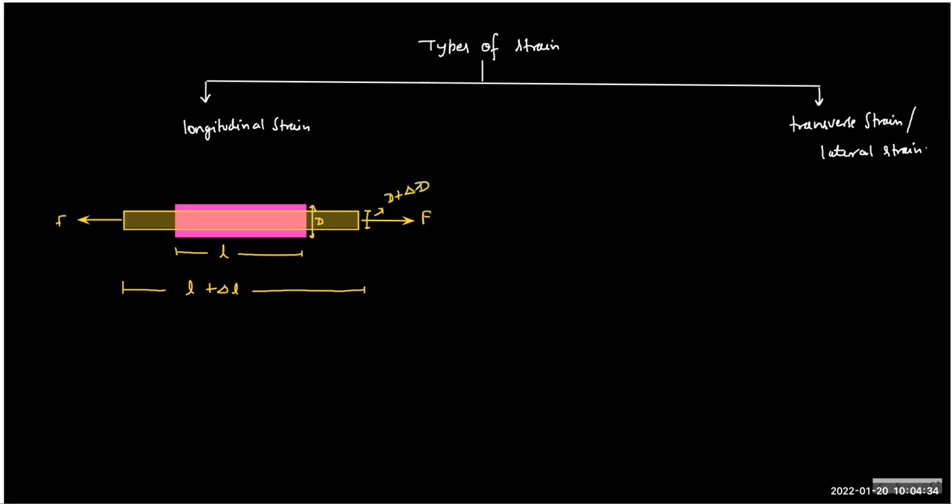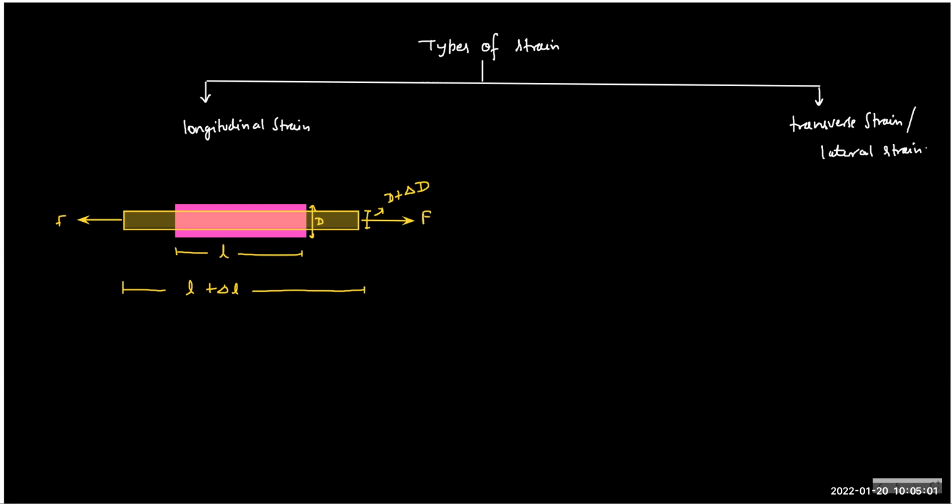So we are adding something negative. It's okay. So the longitudinal strain is defined as the strain developed along the applied force. The direction in which you have applied the force, the deformation in that direction is called longitudinal or parallel. The meaning is parallel to applied force.